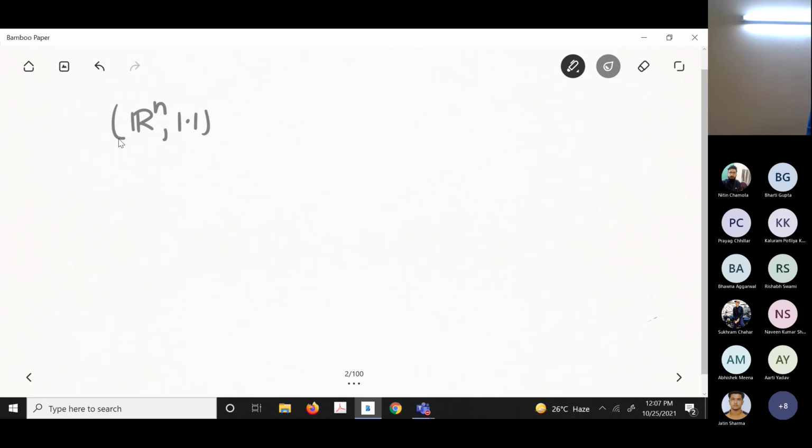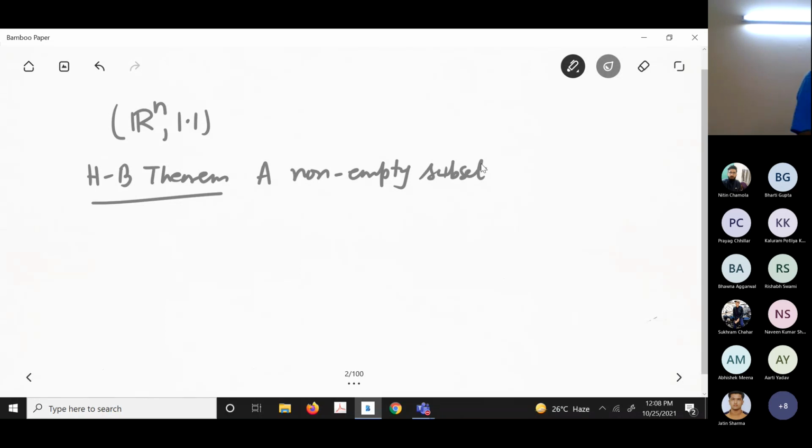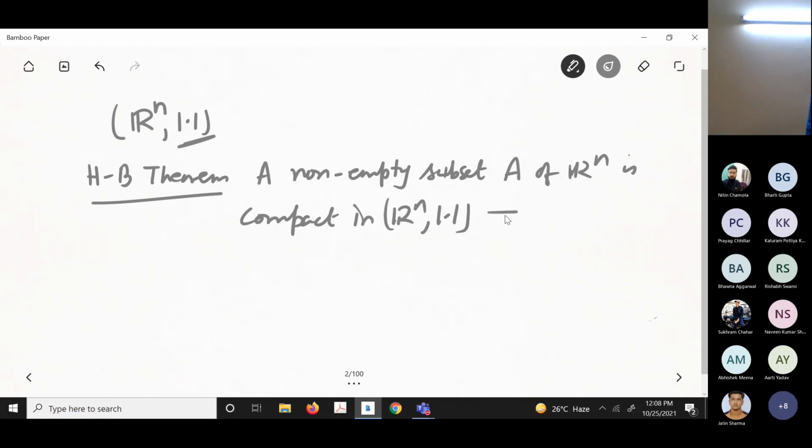So the Heine-Borel theorem says, that is theorem 5.12, a non-empty subset A of Rn, you have taken Rp, it doesn't matter, A is compact in Rn if and only if A is closed and bounded.